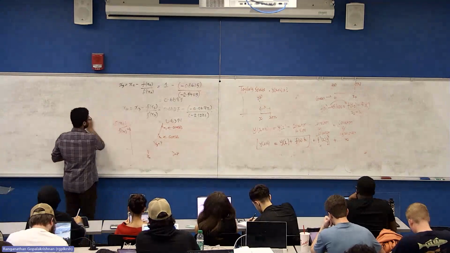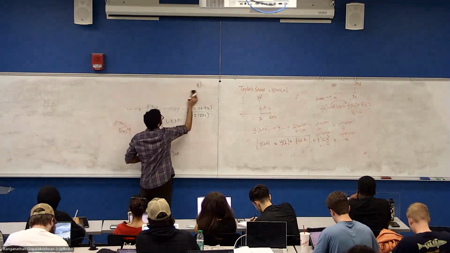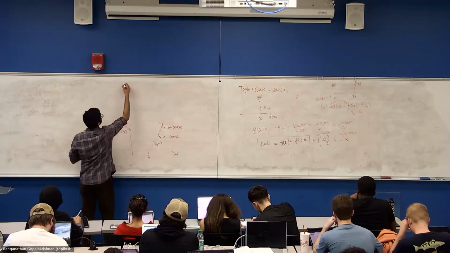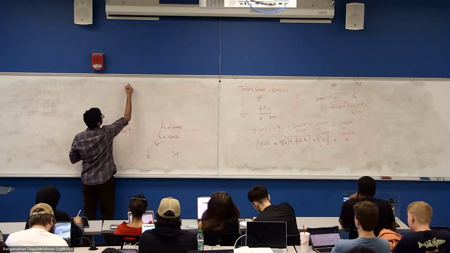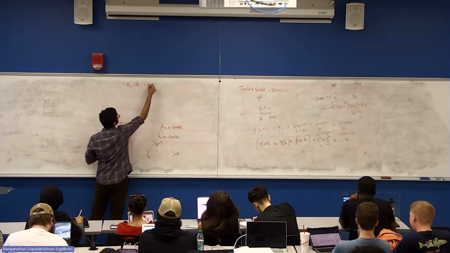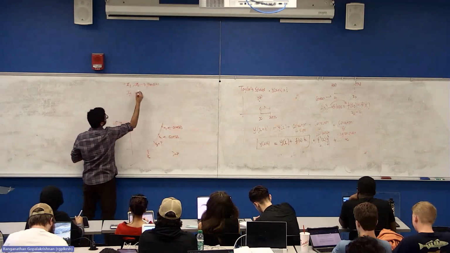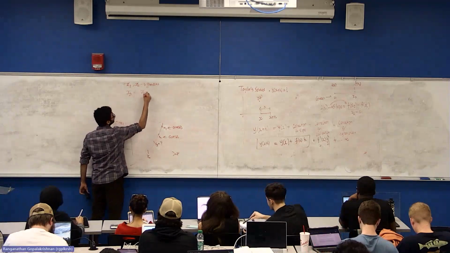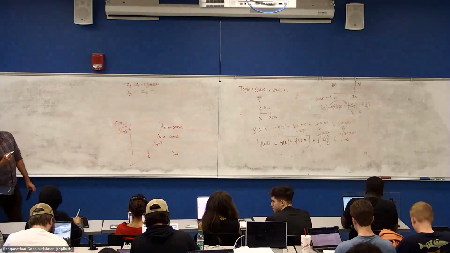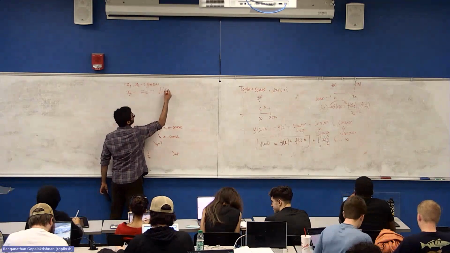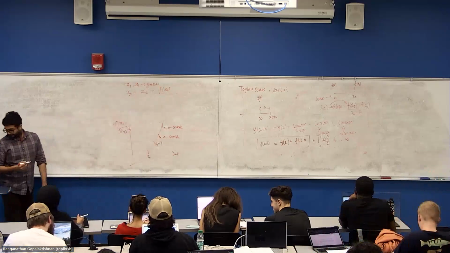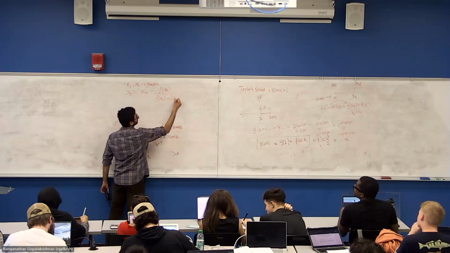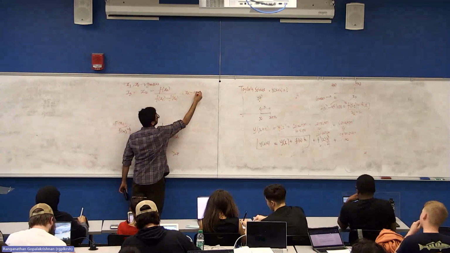The third value, we'll call it x3. x1 and x2 are our guesses, and x3 is going to be x2 minus f of x2 divided by f of x1 minus f of x2, multiplied by x2 minus x1.